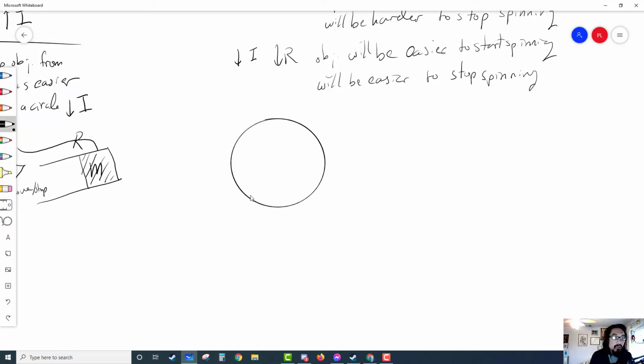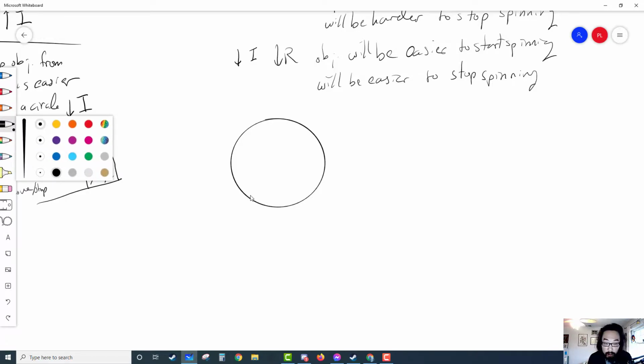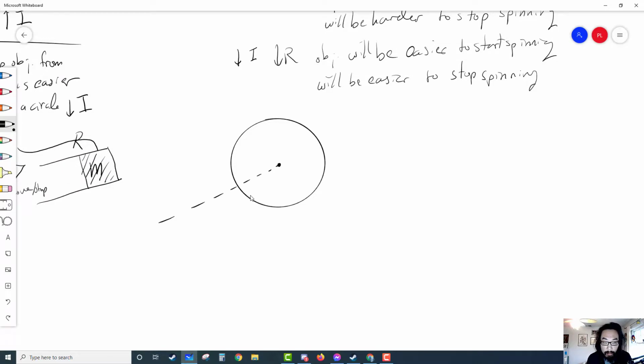Now, if this 3D ring were rotating about its center, like this, I'll get an object to really demonstrate this. Hold on one second. All right, I found the ring. What I mean by rotating about the center is it's rotating like this.